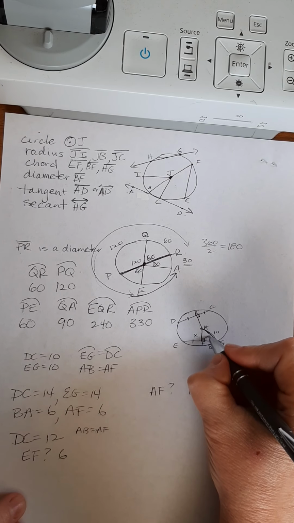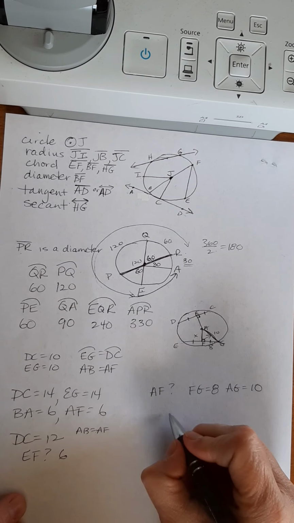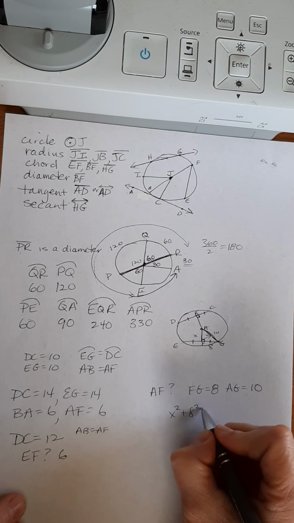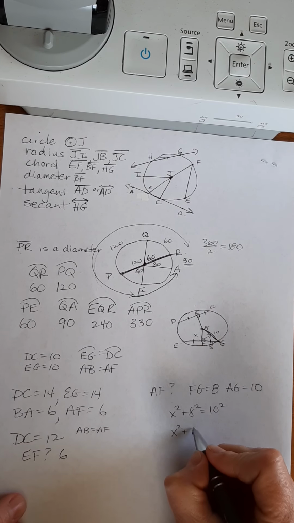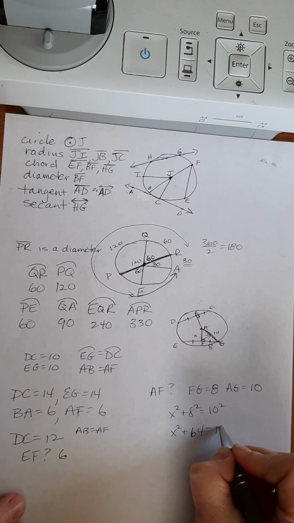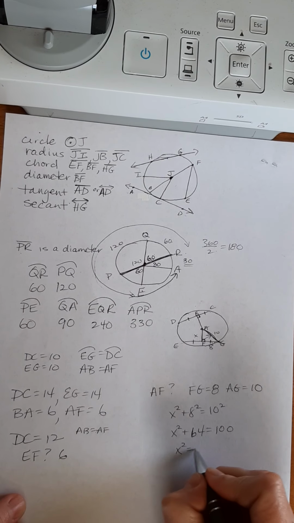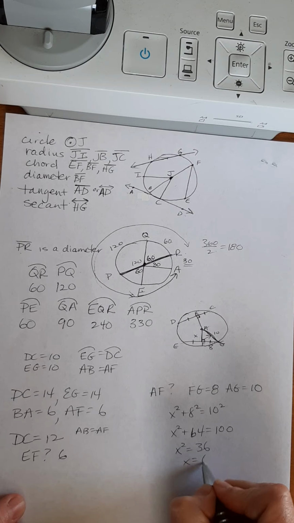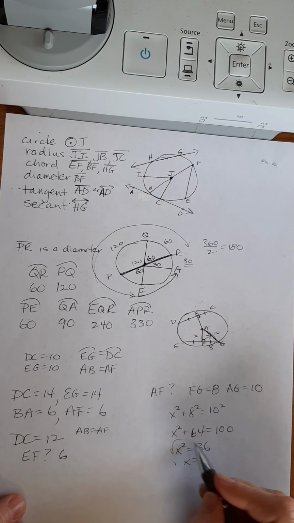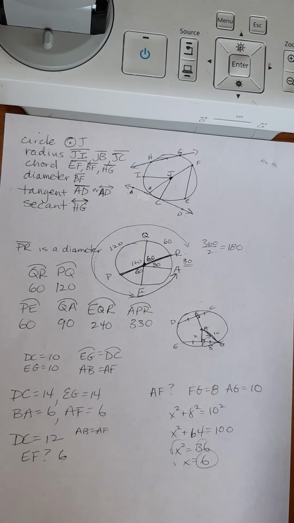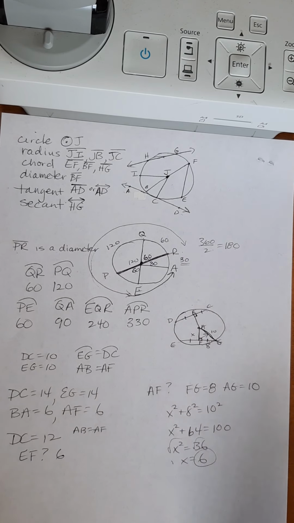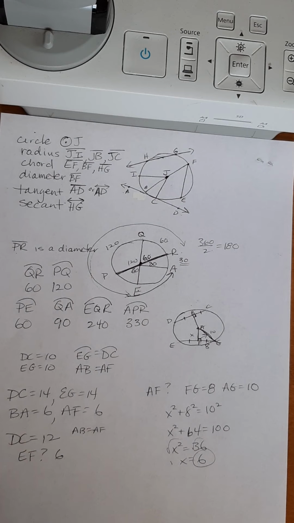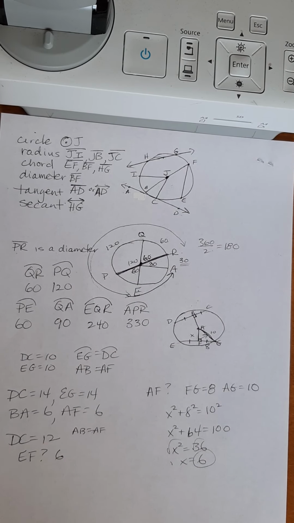Pythagorean theorem, 10 is the one by itself. X squared plus 8 squared equals 10 squared. X squared plus 64 equals 100. 36, square root, 6. Notice how that one came out even, so it was actually a 3, 4, 5 Pythagorean triple. I gave you a nice one on purpose.